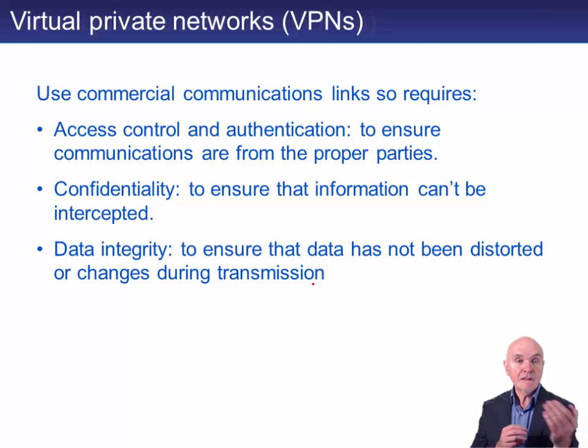So even if it is interfered with, it doesn't mean anything to anybody. And then data integrity, to make sure that the data hasn't been changed or distorted in some way through its transmission. And again, there are technical ways of detecting whether or not the information has been changed. But we need both of those to make sure that the virtual private network is adequately secured.